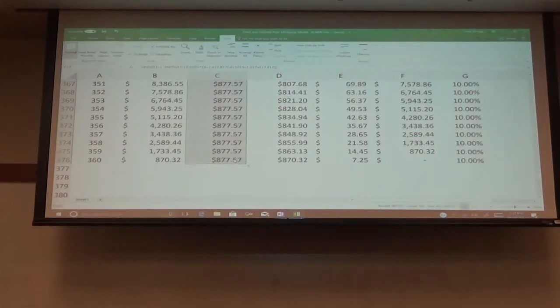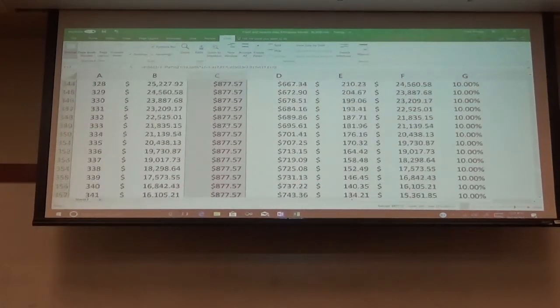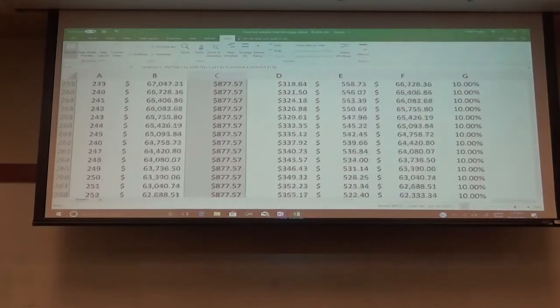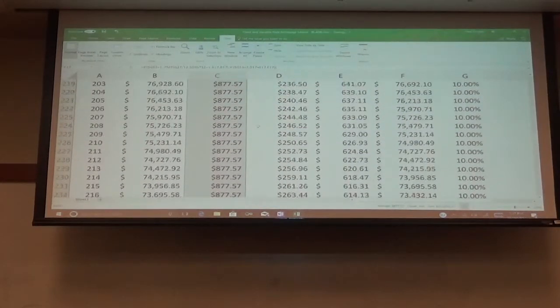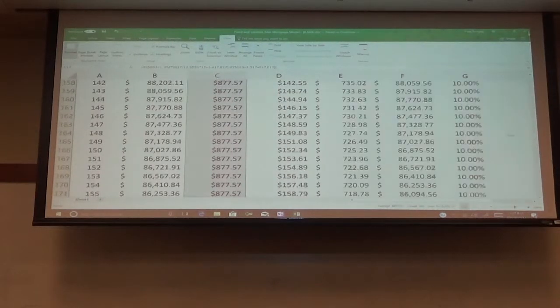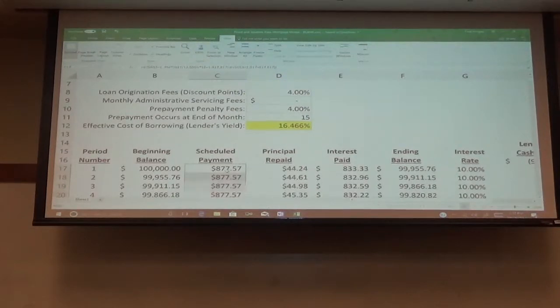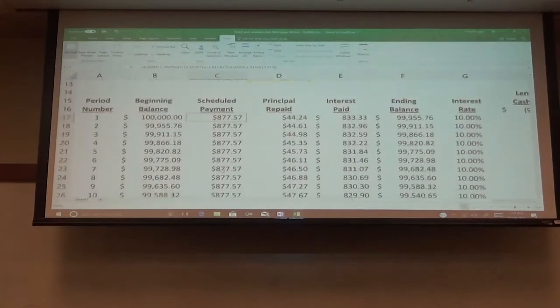Perfect. Okay, so that's fixed. Let me go back up to the top so that you can fix that one little step. For the scheduled payment, let's scoot it up a little bit so you can see.